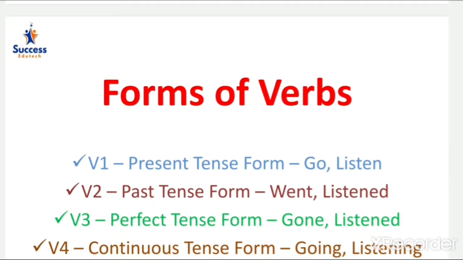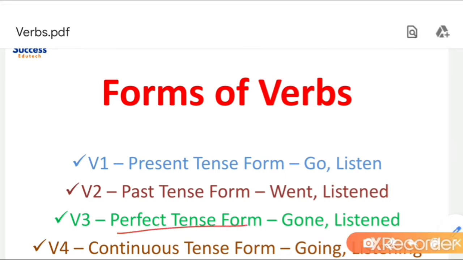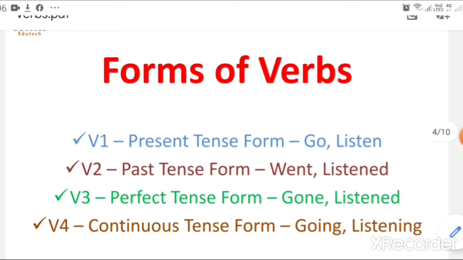Let's move on to the next point, that is forms of verbs. There are 4 forms of verbs: present tense form, past tense form, perfect tense form, and continuous tense form. They are present participle, past participle also.